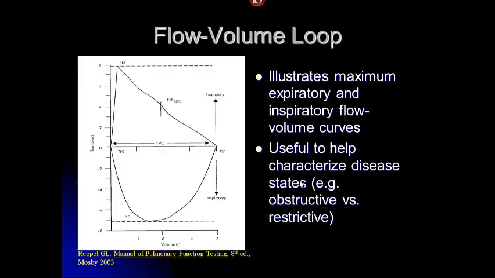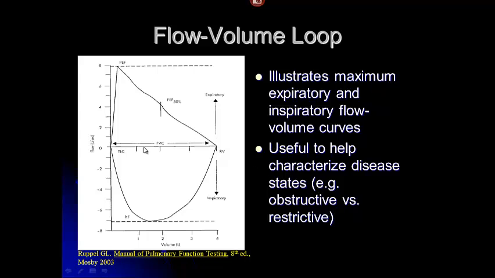Now, the loops. There are different loops that also, if you don't have the numbers, which you would always have, but in case of an exam, again, not at your level, but for pulmonary, you could look at the numbers, and you could also look at the flow volume loop, because that would give you also an idea of what kind of disease you have, obstructive or restrictive.